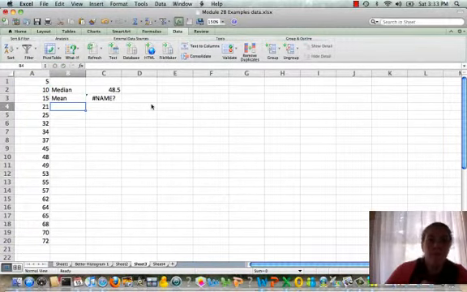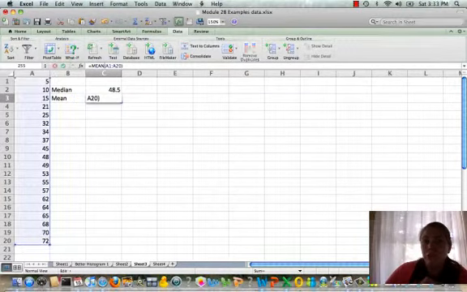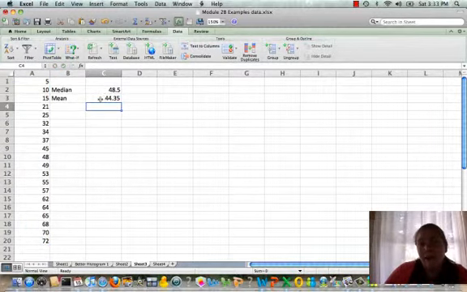Oh, and see how Excel doesn't recognize mean? This is a good example of sometimes Excel uses different names for functions. So instead of mean, we need to type average, which is the word Excel uses to calculate the average. And we can see here's the mean at 44.35.